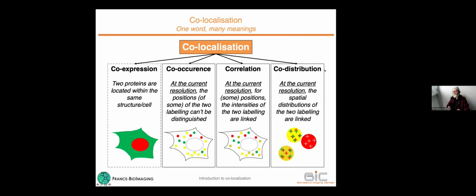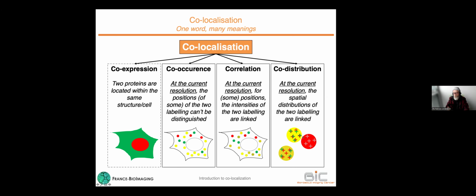Finally, sometimes colocalization is co-distribution, meaning that you may not have all the proteins of interest from the two sets precisely at the same spot or linked in terms of intensity, in terms of concentration.